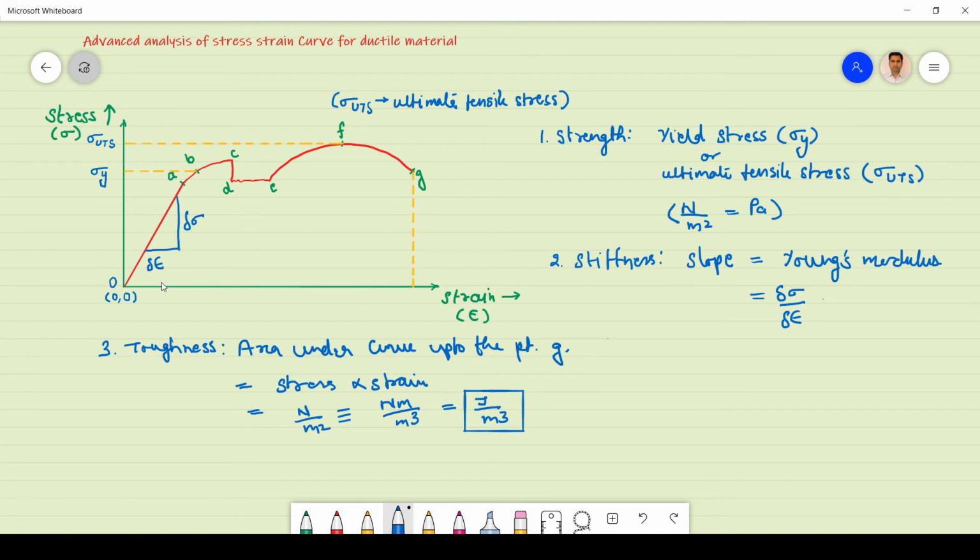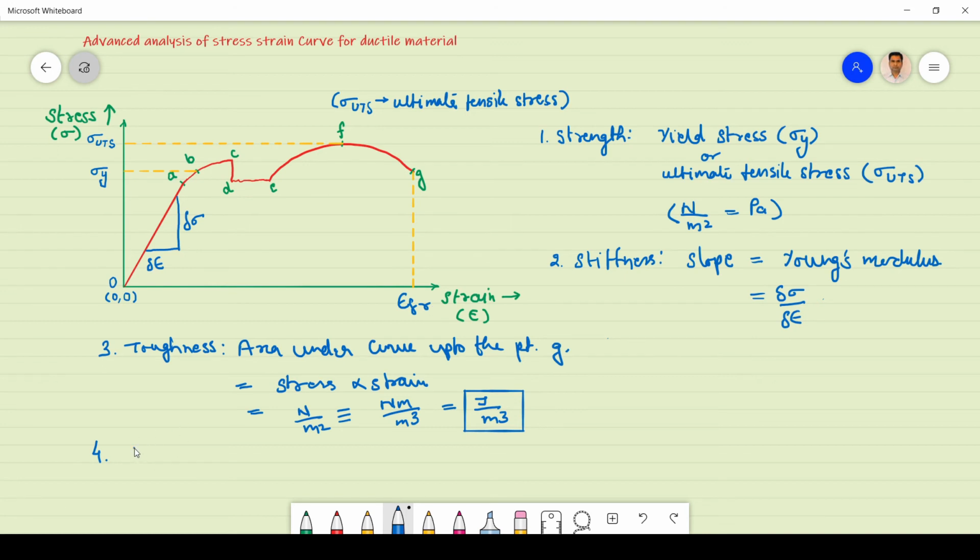right? Now the last one is ductility. So let me write it here. Ductility, this is actually elongation strain up to the fracture point. Fracture point is the point G, and let me draw the vertical line at this point. So this point, इस G point से जो मैं vertical line draw करता हूँ, it is striking on the straight line at the, and this is the fracture strain.